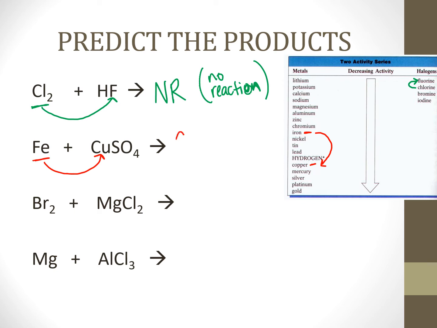So copper ends up by itself, plus, now I'm just going to assume iron has a +2 charge here. I would have to somehow tell you what the charge is. And this is balanced. So that would be our single replacement for this example. So try the next two on your own and then check your answer.